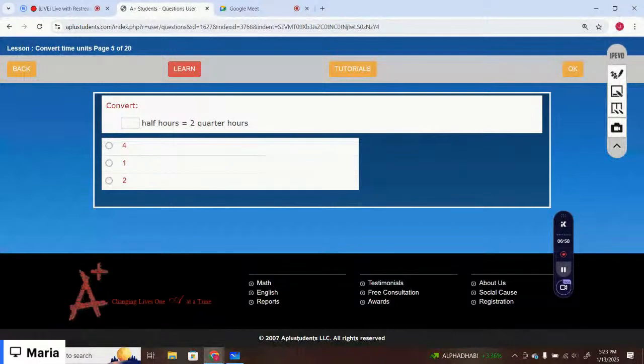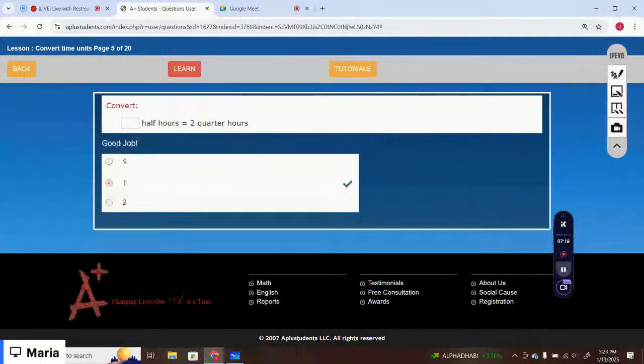Two quarter hours equal how many hours? Two quarter hours equal 1/2 hour. The correct option is 1/2 hour.